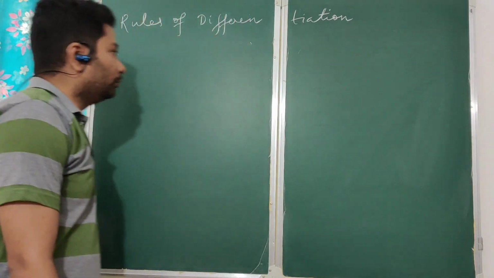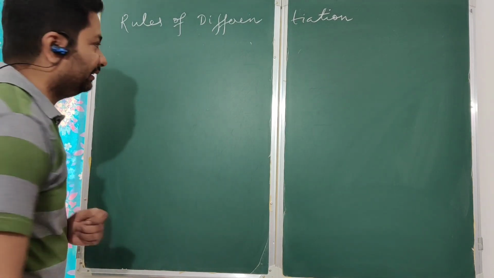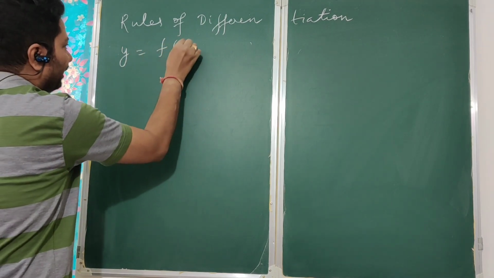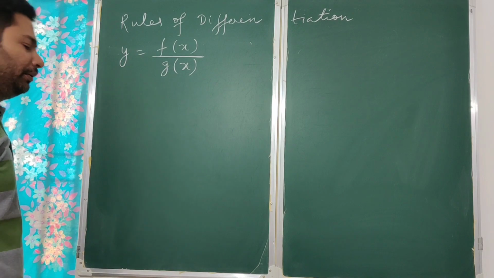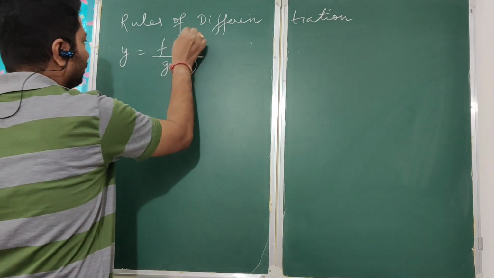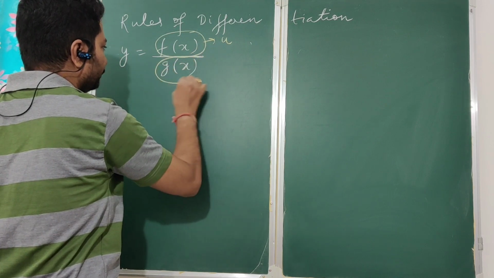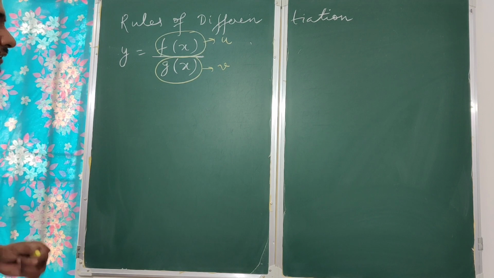Let's see what to do when two functions are in division with each other. So if y is given as some f(x) by g(x), and we have been asked to differentiate y with respect to x. So again the same thing, the upper function we generally name it as u, the lower function or denominator we take it as v.